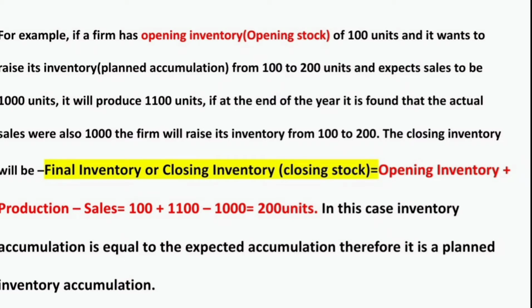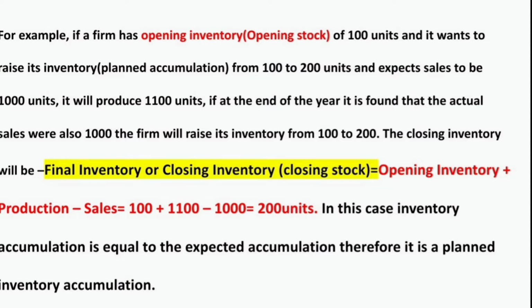So naturally it will produce 1100 units. And at the end of the year, it is found that the actual sales is also as expected, that is 1000 units. So the firm's stock will increase as it expected, from 100 to 200.